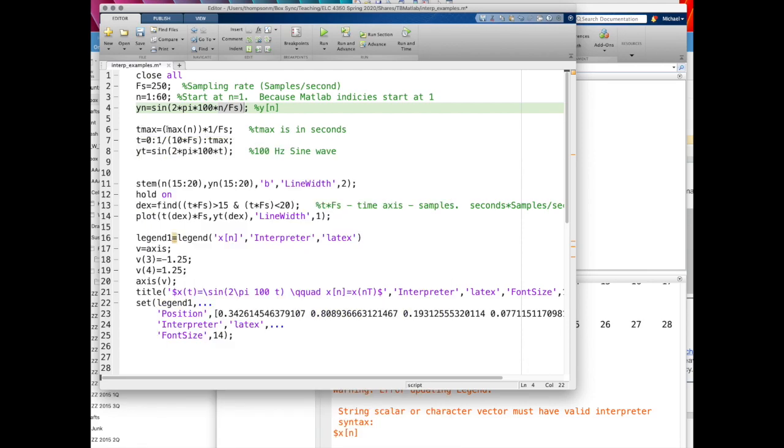So you take the maximum of n, which in this case is 60, and divide by fs, and that gives you the maximum time in seconds. The goal of this step is to generate an accurate plot of the signal that we're trying to do interpolation on.